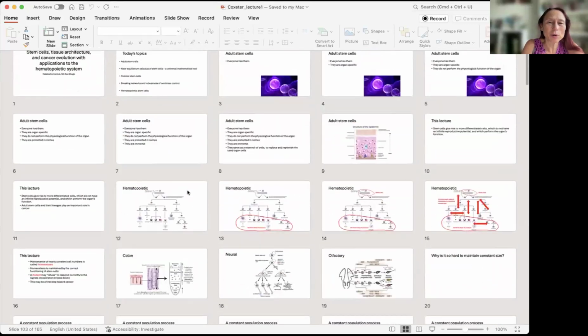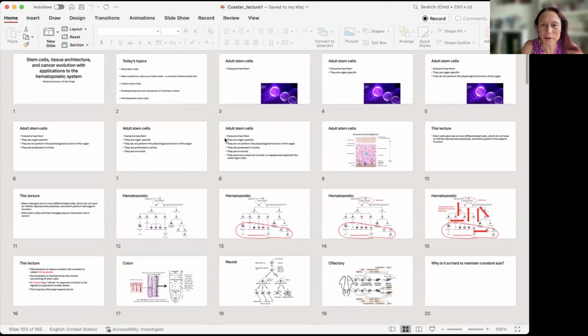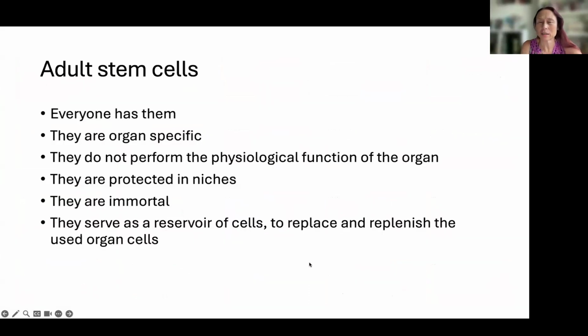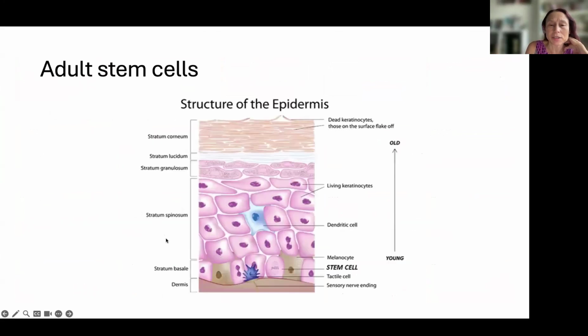Okay, I will go over some of the slides and remind you what I did before. Can you see this well? Yes. Okay, so we're talking about adult stem cells, that everybody has them, and we are particularly interested in epithelial tissues. For example, skin, also colon, and some other ones that I'll show you.